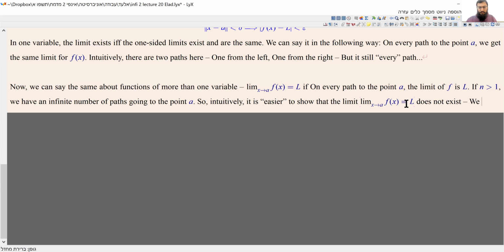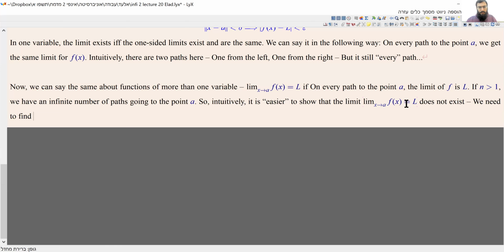We need to find two different paths with different limits.